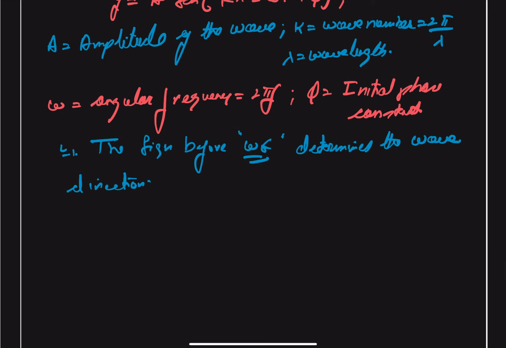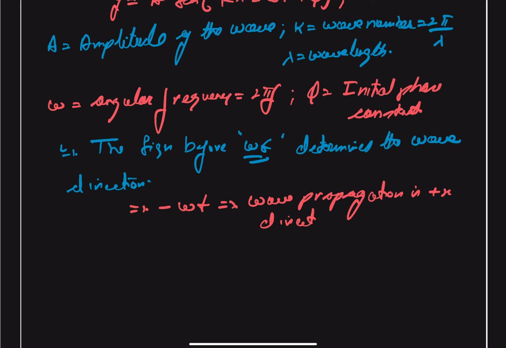If there is a negative sign associated with ωt, so if it is minus ωt, then the wave propagation is in the positive x direction.